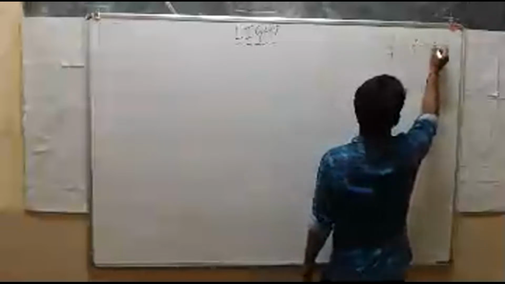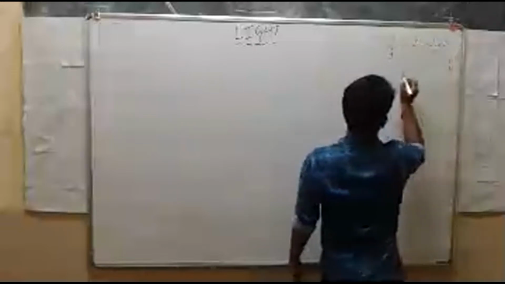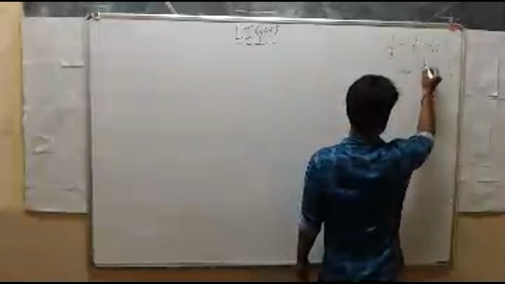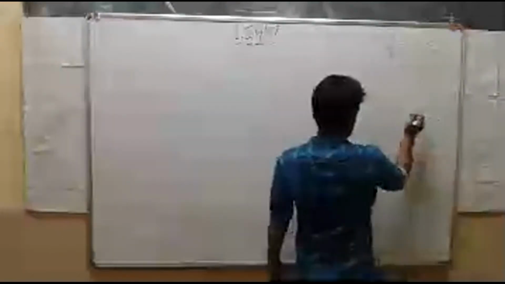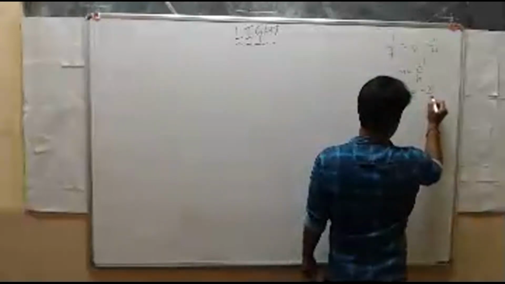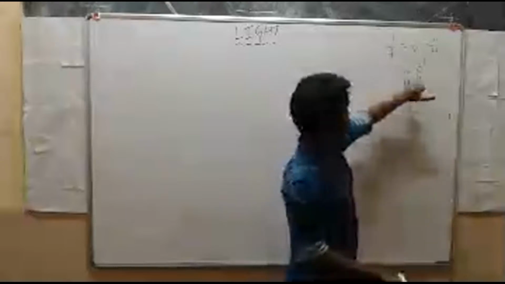1 by f equal to 1 by v plus 1 by u. Then second one for magnification, m equal to h dash by h. Then we have one more formula, m equal to minus v by u.